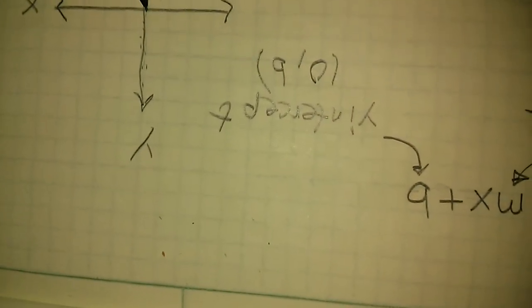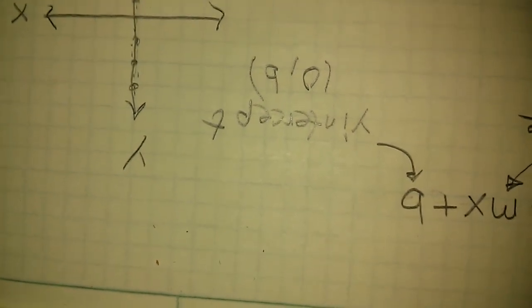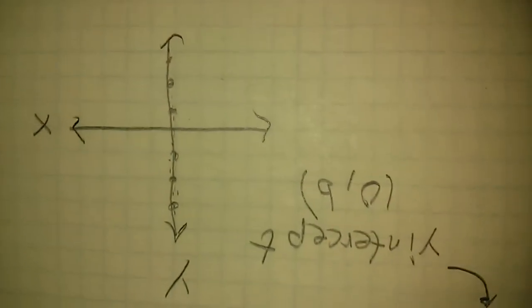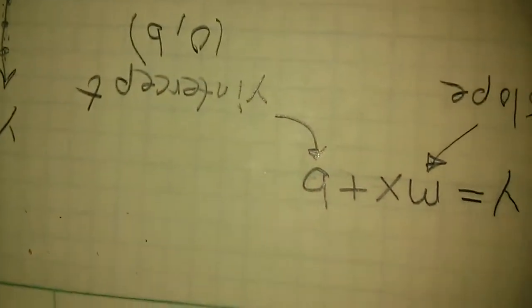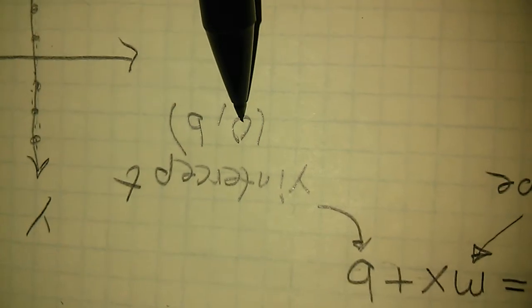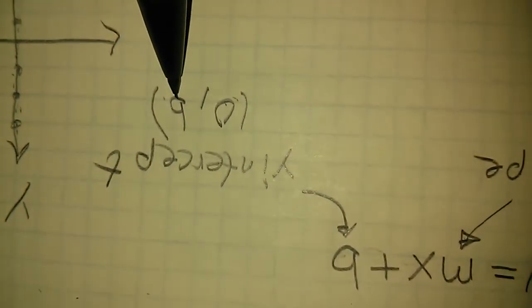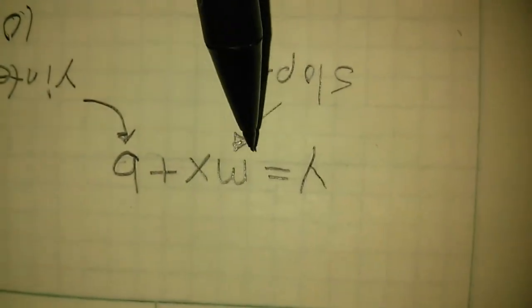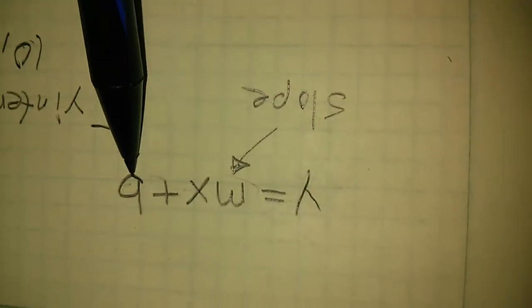Well, it's a 0. Because if we're anywhere along this y-axis, x is a 0. So we call that a y-intercept. Remember it goes x, y. So when x is a 0, we have the b value. Because when x is a 0 here, this term goes away and we're left with that.